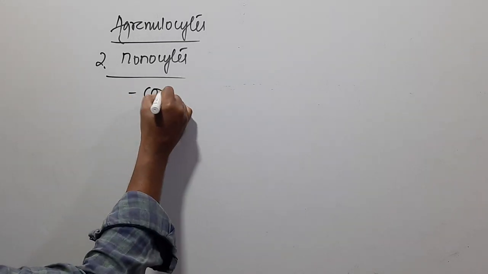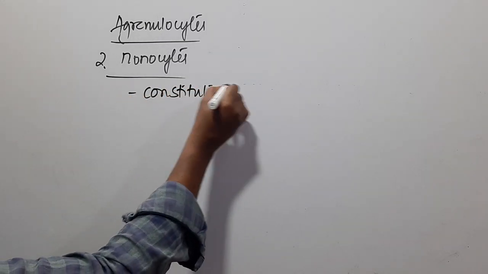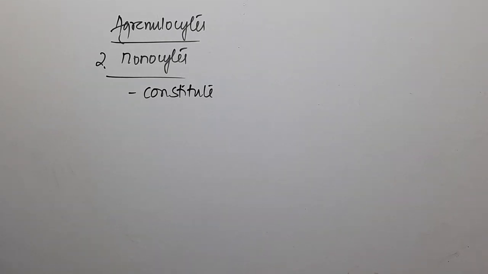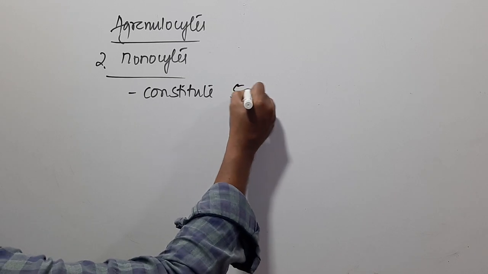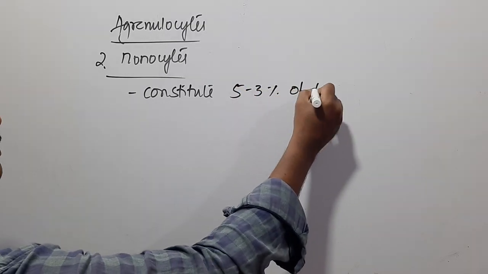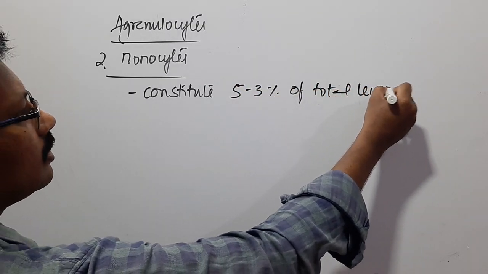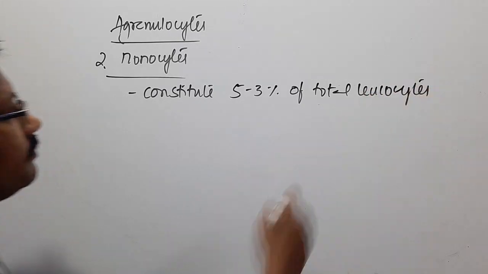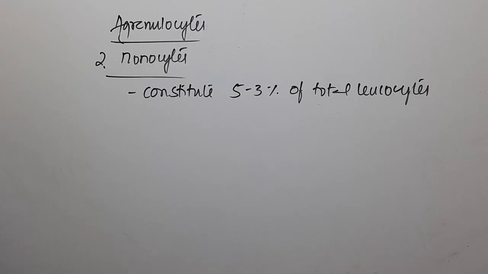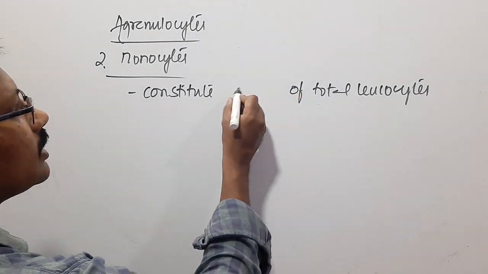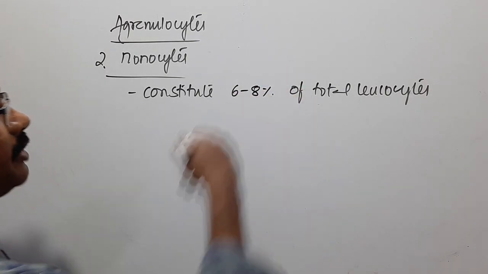So monocytes constitute around 5 to 3% of total leukocytes. I'm sorry, this is 6 to 8%, not 5 to 3%.